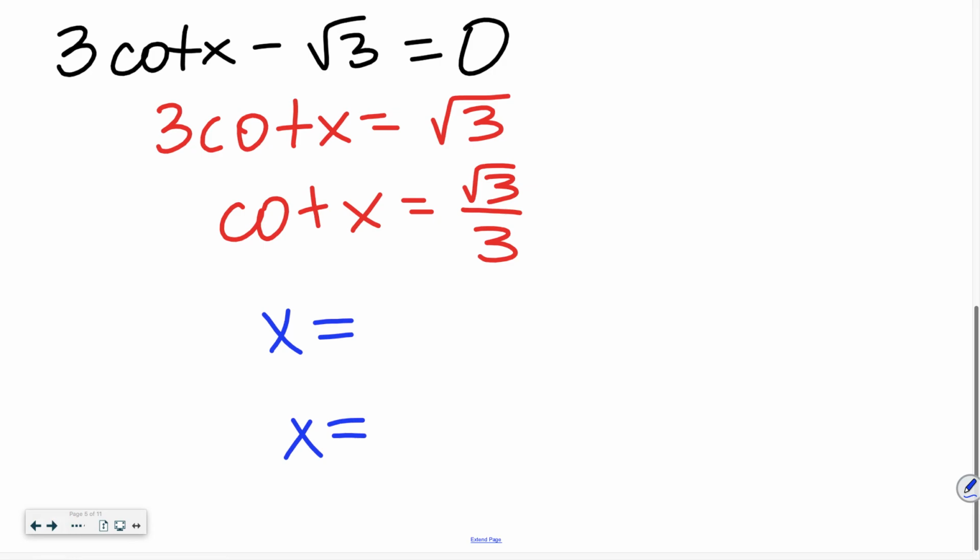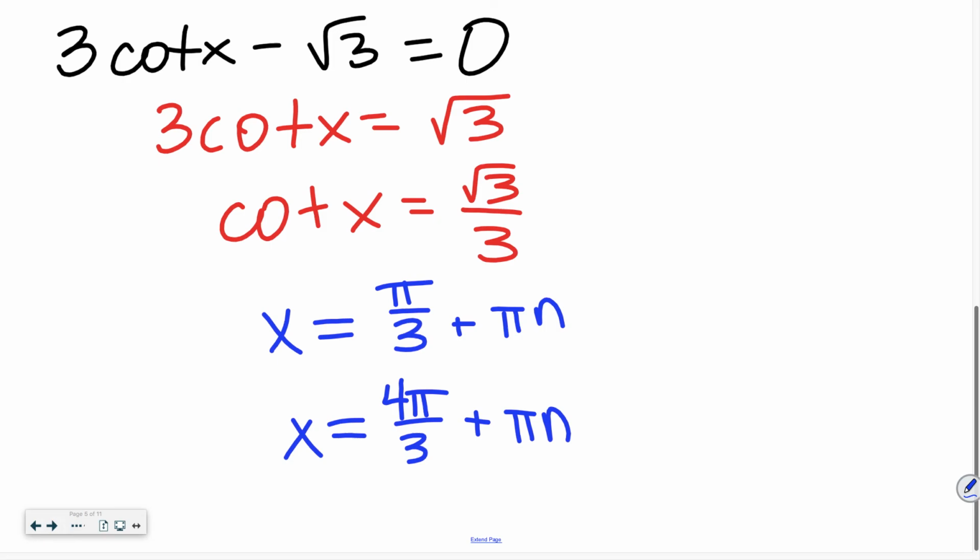It's the pi over 3 angle. So pi over 3, and then cotangent's also positive in the third quadrant. So 4 pi over 3. And then remember the cotangent has a period of pi.